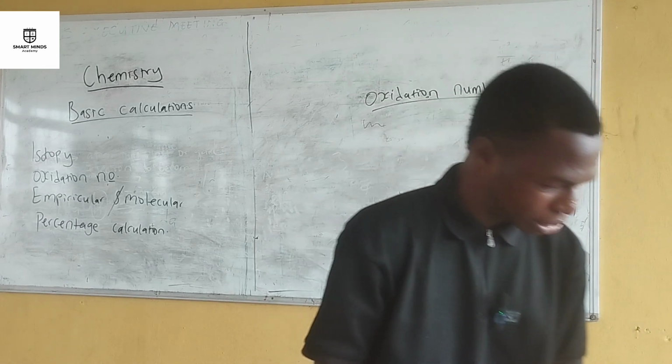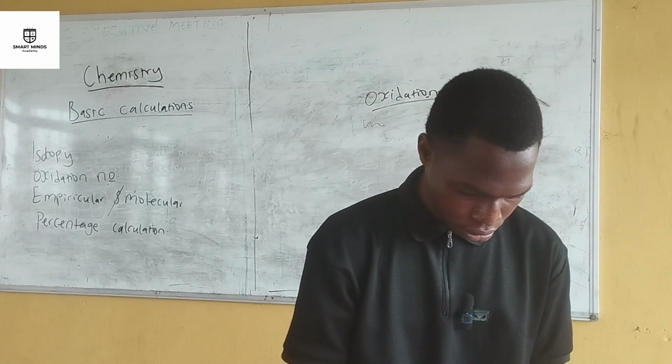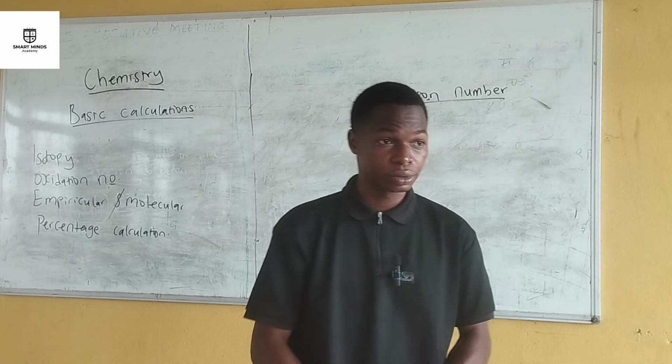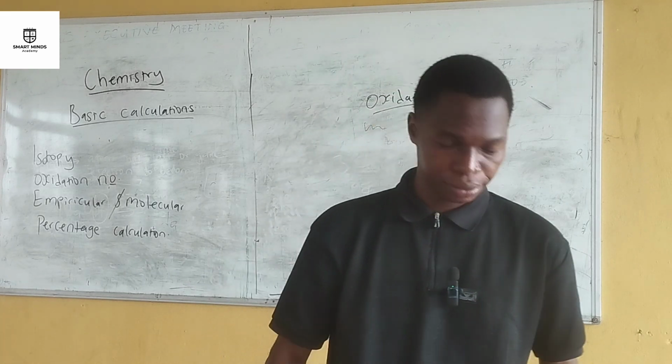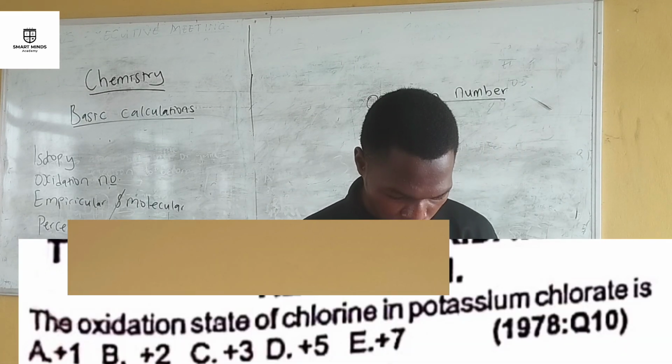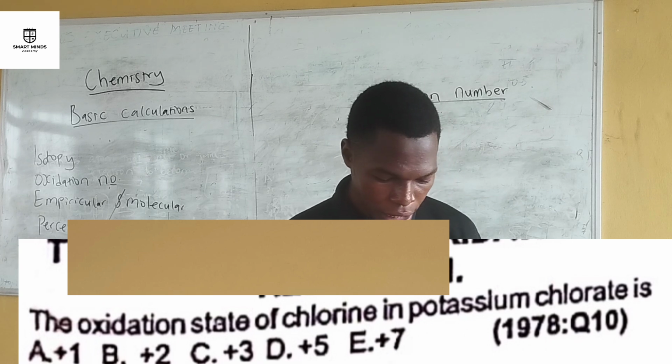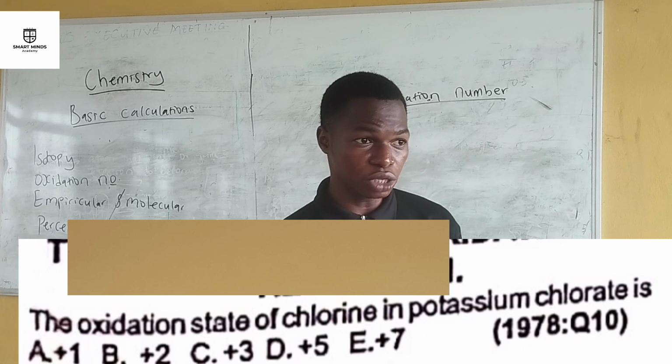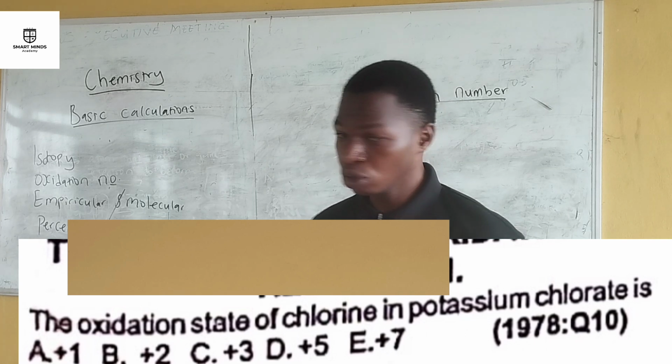We'll be taking some examples so that you can understand it better. Question number 1 under oxidation number. The oxidation state of chlorine in potassium chlorate is what?